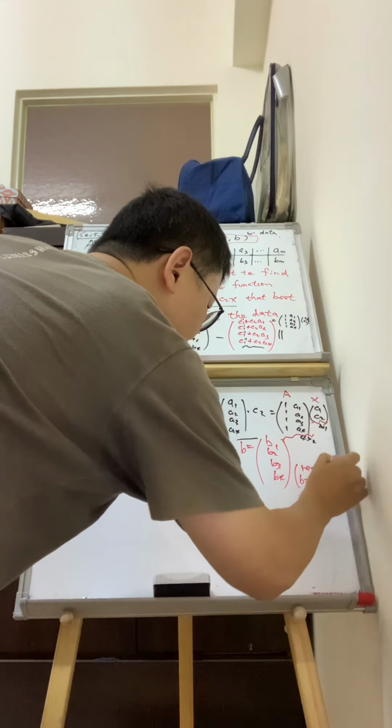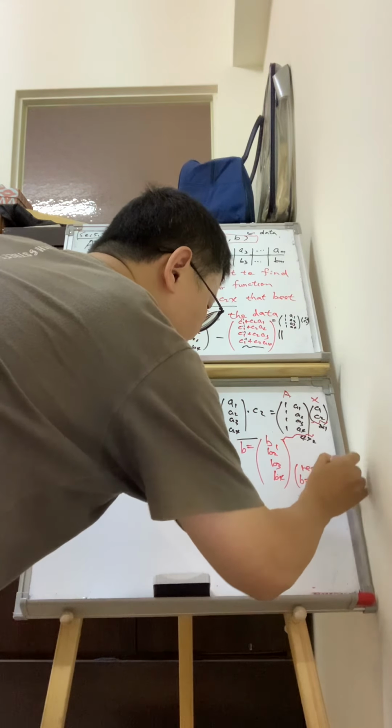In other words, we apply the least square solution to Ax equals b. So that's the reason why we could use the previous result to solve it.